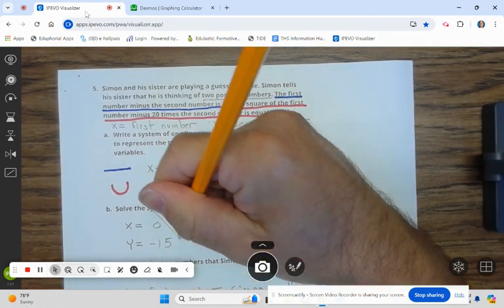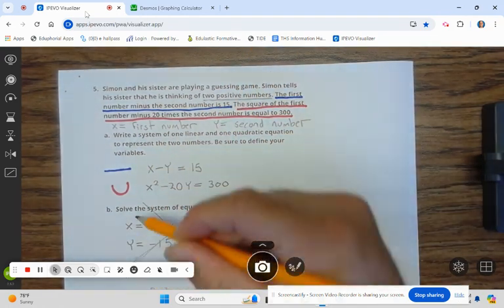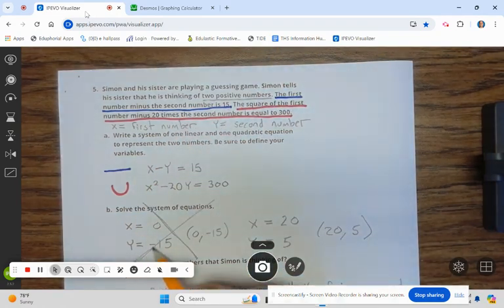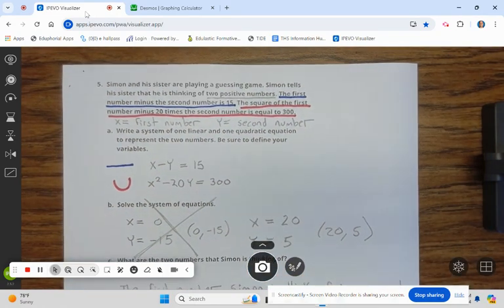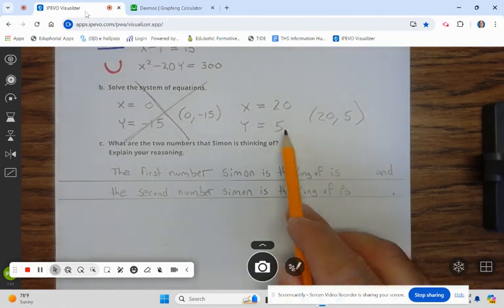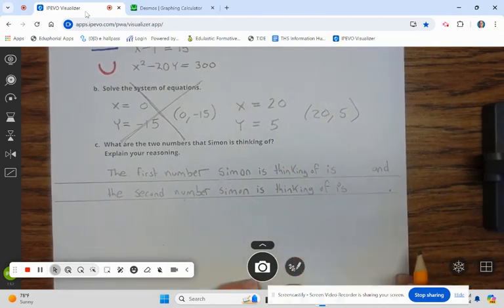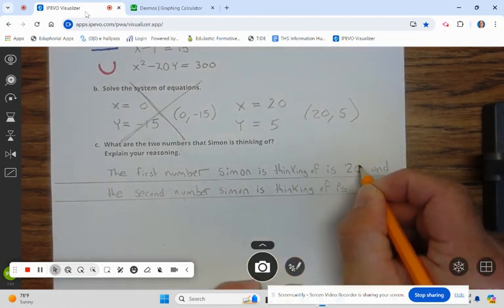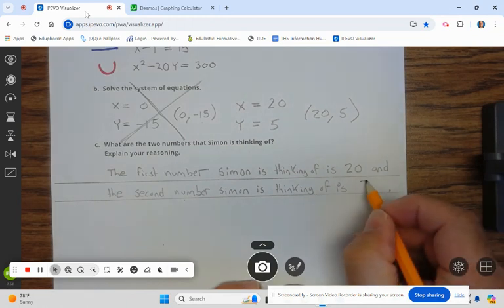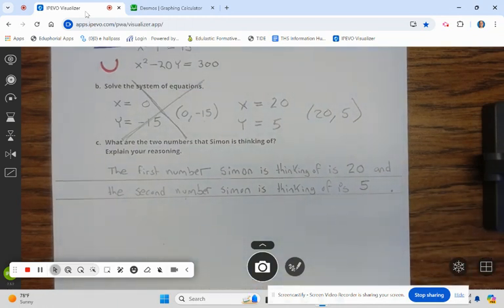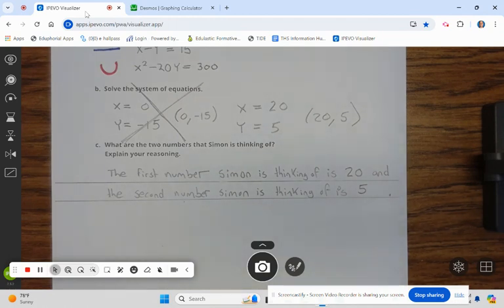So this solution is invalid because of the -15. So this is our valid solution. So the first number Simon is thinking of is 20, and the second number Simon is thinking of is 5. Go ahead and finish it up, and have a wonderful Wildcat day.